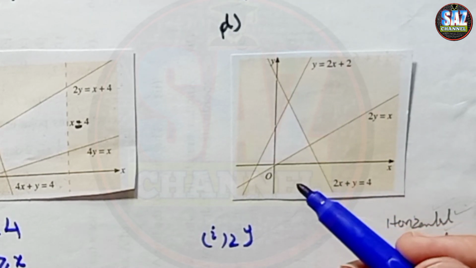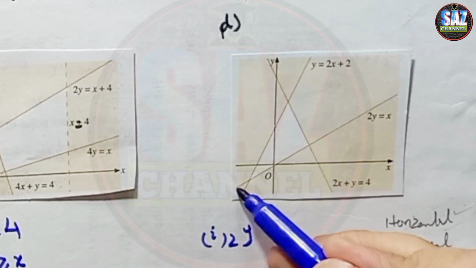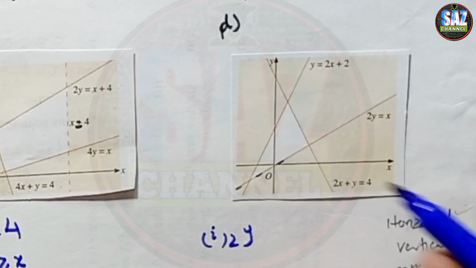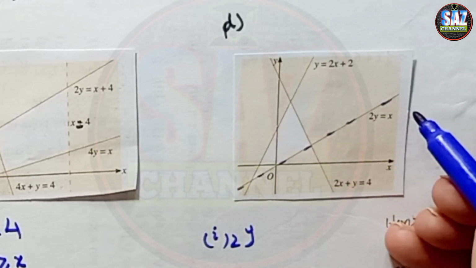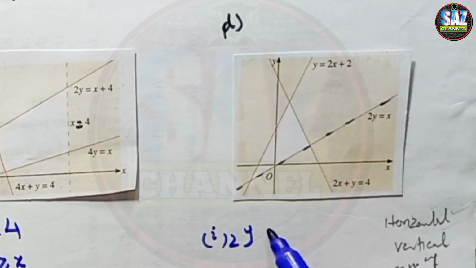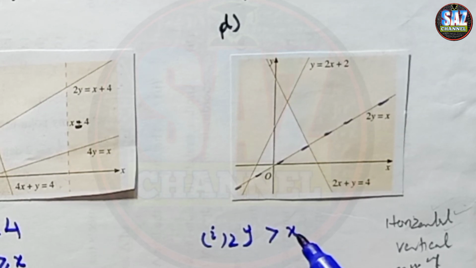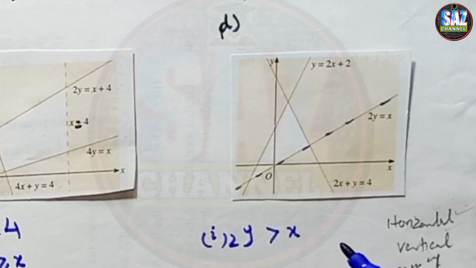Yes, this is a dotted line. So I have to be careful, I just have to mark 2y is greater than x.